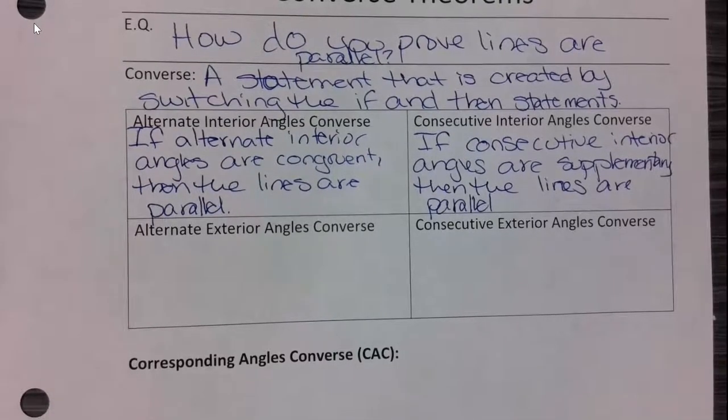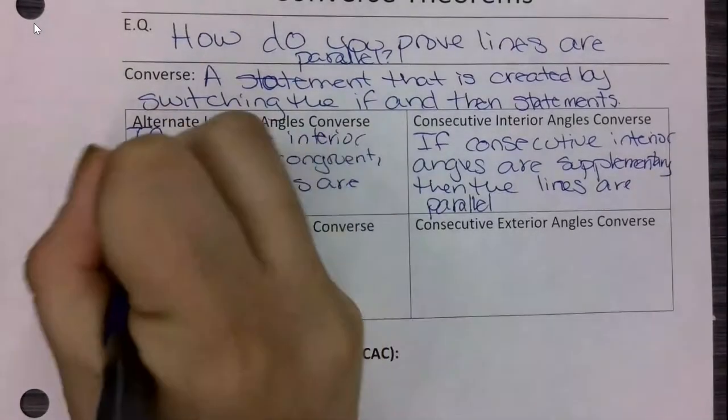Then I have alternate exterior angles converse. If alternate exterior angles are congruent, then the lines are parallel.